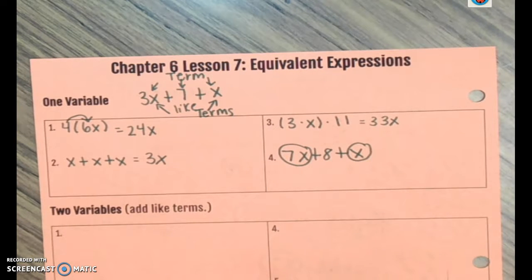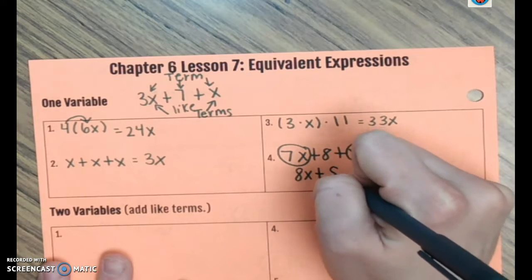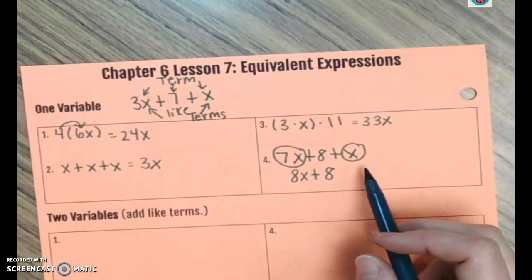So 7x plus 1x is 8x. And then we're just going to keep the plus 8 at the end. We can't add that in because it doesn't have a variable on it. That's how you do one variable, so you only had one letter in it.